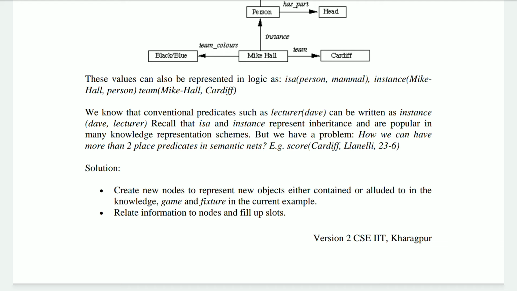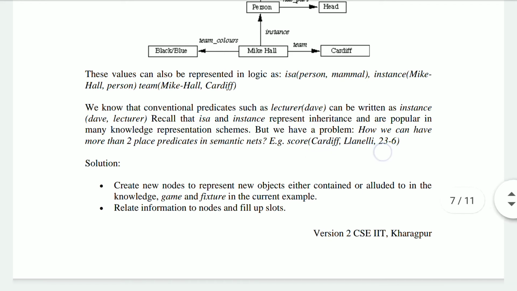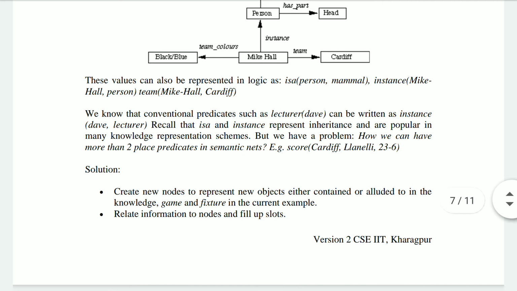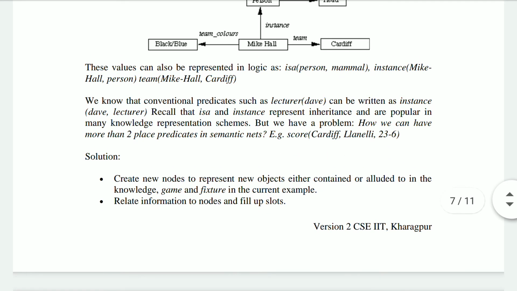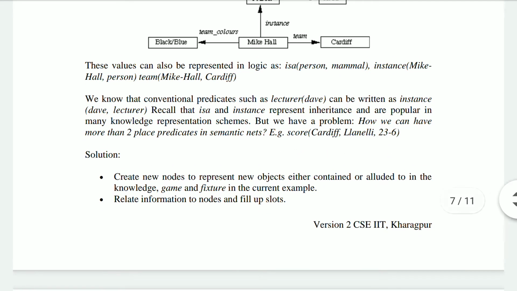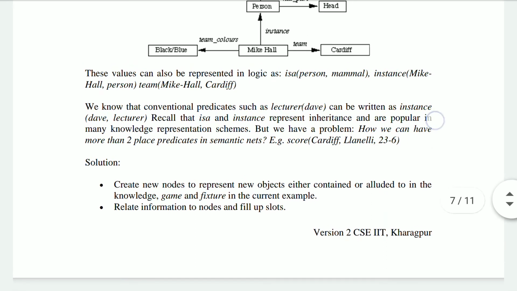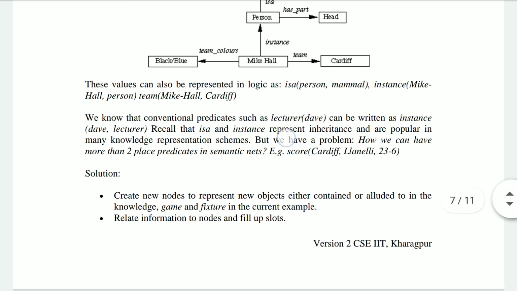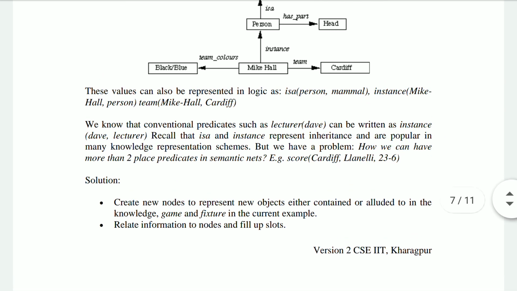That means Cardiff has scored 23 and Llanelli has scored 6, right? So this is a two place predicate semantic net. A two place predicate semantic net is a little different from the conventional logic based representation and instance representations that we have seen. So this paragraph is very important, right?